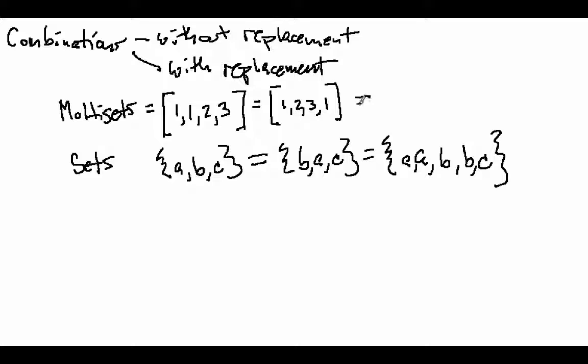And this, of course, would not be equal to something that looks like this. Okay? So you can see that what's going on over here is this is a combination because we don't care about the order in which these elements appear, but it's with replacement because the elements can repeat.